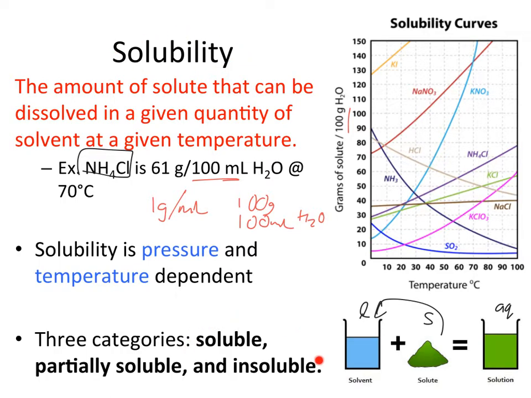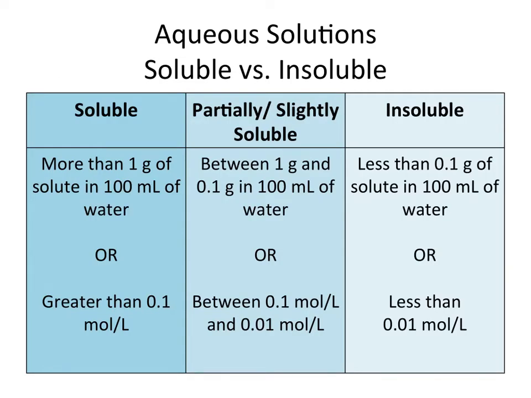Now, when something is dissolved, it could be soluble, completely soluble. It could be partially soluble or slightly soluble. And then sometimes it doesn't dissolve a lot, and that is called insoluble. So these are the differences between these different solubility amounts. What we define as soluble is when we can add more than 1 gram of solute in 100 milliliters of water.